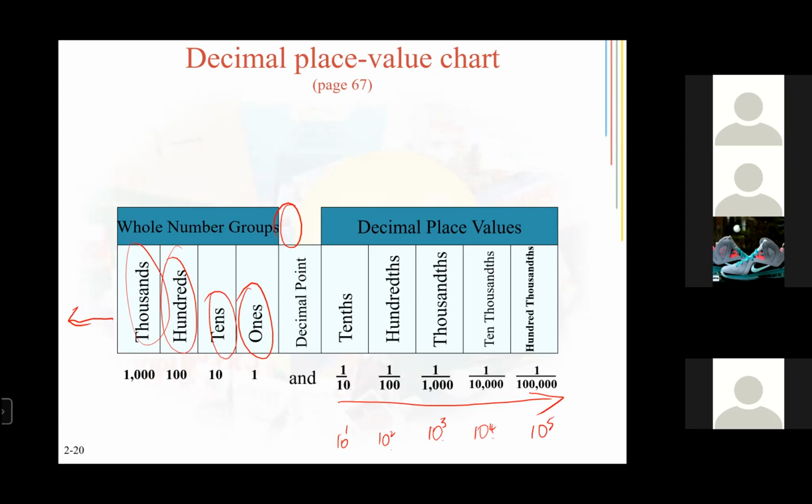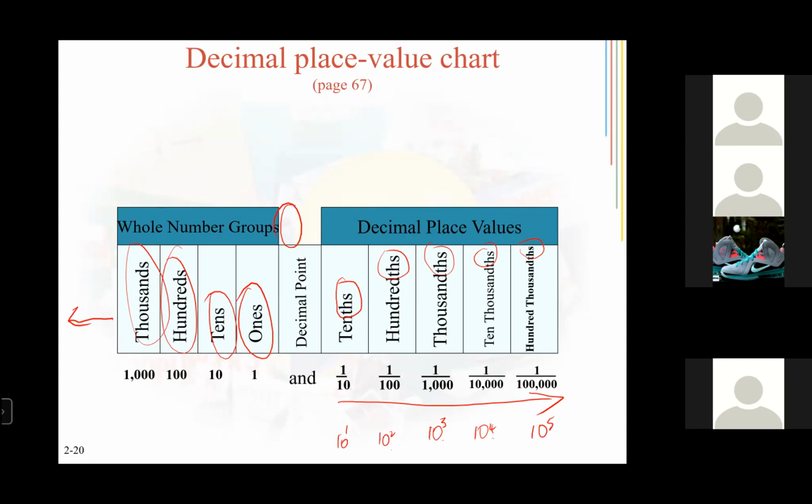All of these numbers to the right of the decimal point are fractions. So when you pronounce them, remember they end in th. The first place is the tenths place, hundredths, thousandths, ten-thousandths, hundred-thousandths, and so on.